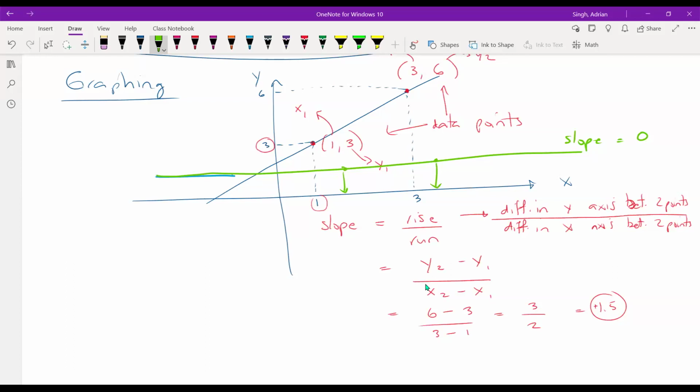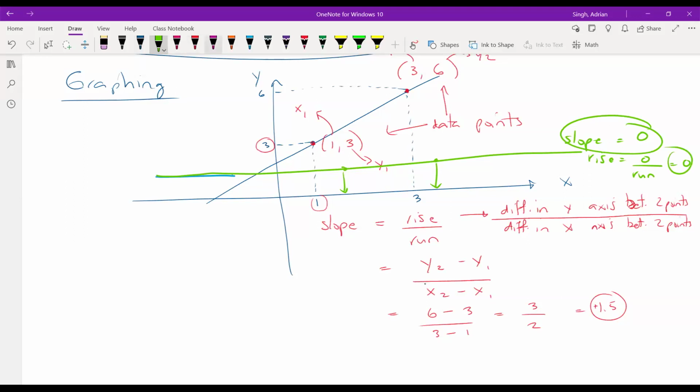But if you look at the change in the y-axis, there's no change in the y-axis, right? So the rise there is actually 0, and that's divided by the run, and the run, we just established, is going to have a positive value. 0 divided by anything gives you 0. Hence, the slope there is 0.